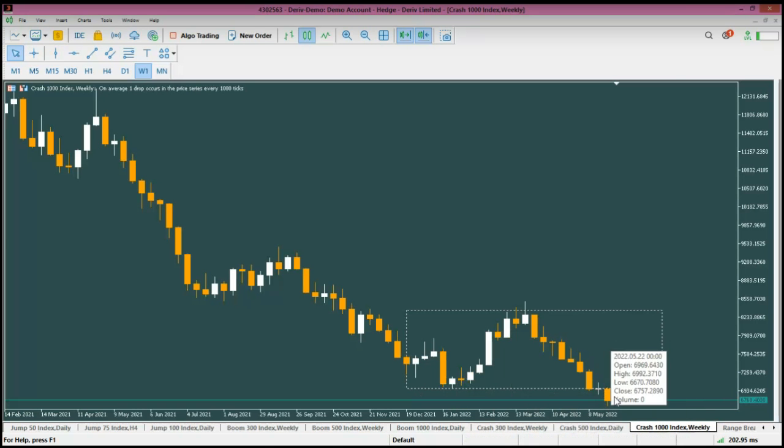Seems like it was broken. So if it was broken, then we can look for a better entrance point.